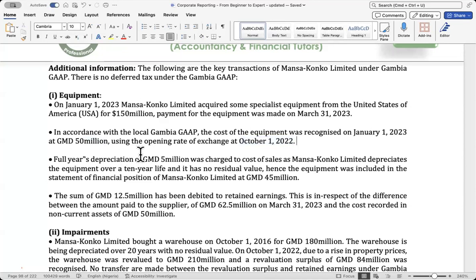They said full year depreciation was charged to cost of sales, and this guy depreciates the asset over 10 years. It has no residual value. So the equipment was included at 45 million, which is 50 million minus the depreciation. So 45 is the carrying amount. And 12.5 has been debited to retained earnings in respect of the exchange difference between the amount paid in March, 62.5, and the cost recorded, 50 million.